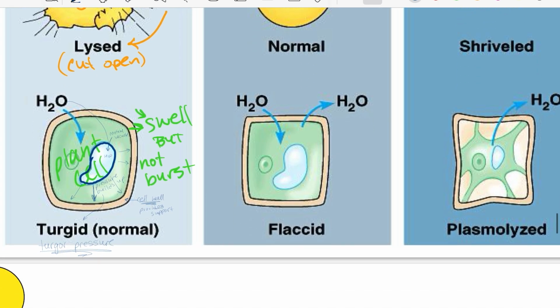Plant cells don't like this though, because the central vacuole loses pressure. So the turgor pressure decreases. And for that reason, it becomes flaccid or floppy. It becomes floppy.